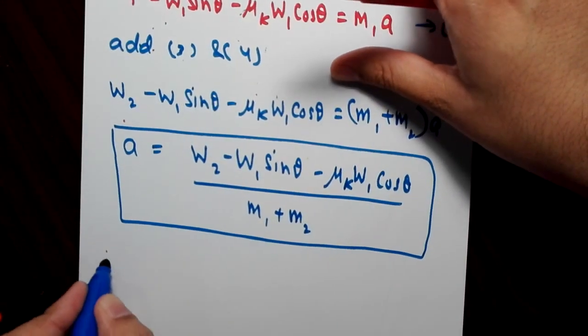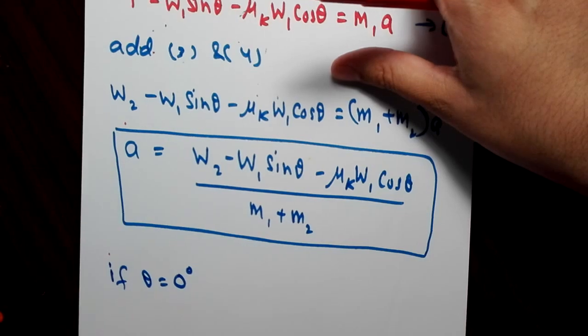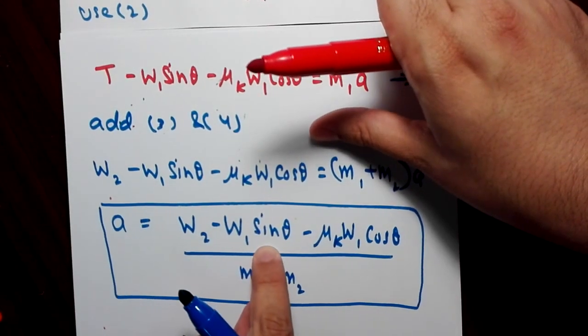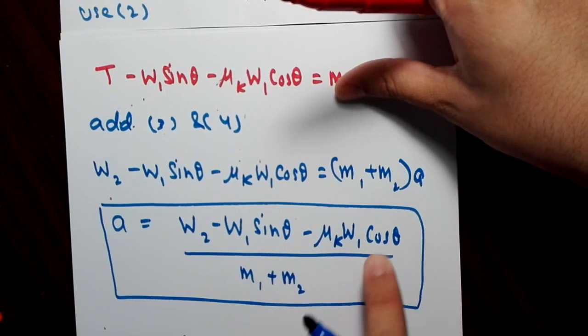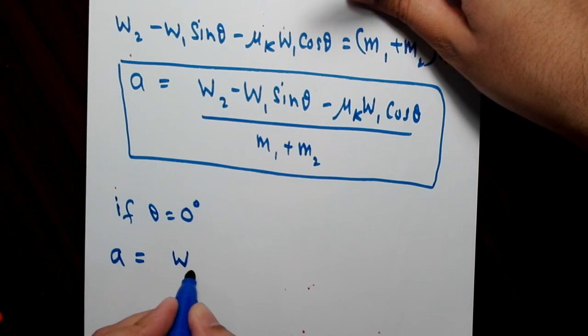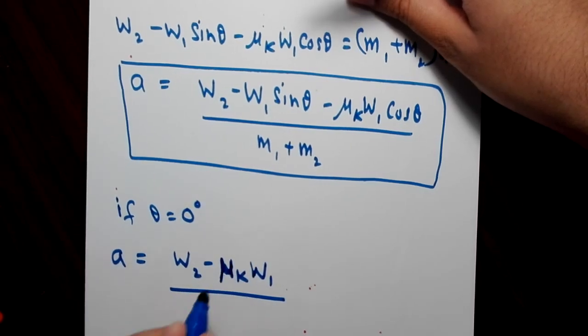So if theta is equal to 0 degrees, then you can see that sine 0 is 0 and cosine 0 is 1. So the equation becomes a equals w2 minus mu k w1, divided by m1 plus m2.